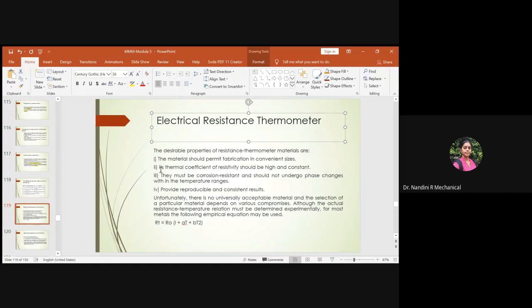Second is its thermal coefficient of resistivity should be very high. Not only very high, it should be consistent, so that you will get a constant value of thermal coefficient of resistivity. If it keeps on varying, if it is not stable at all with respect to time, then even if you have a high thermal coefficient of resistivity, it will not be of much use.